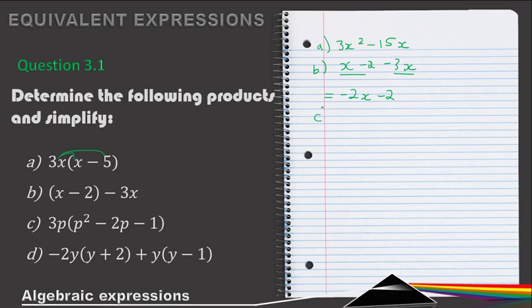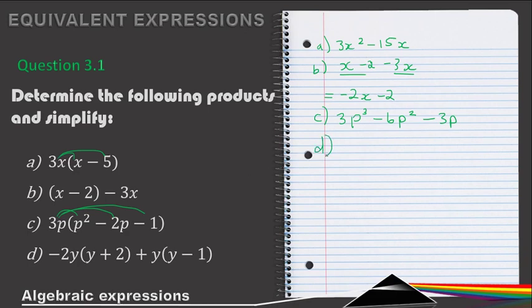Then for C, if I multiply this one in, I get 3p to the power 3. Then here I have 3 times 2, so that gives me negative 6p squared. And then 3p times minus 1 gives me minus 3p.